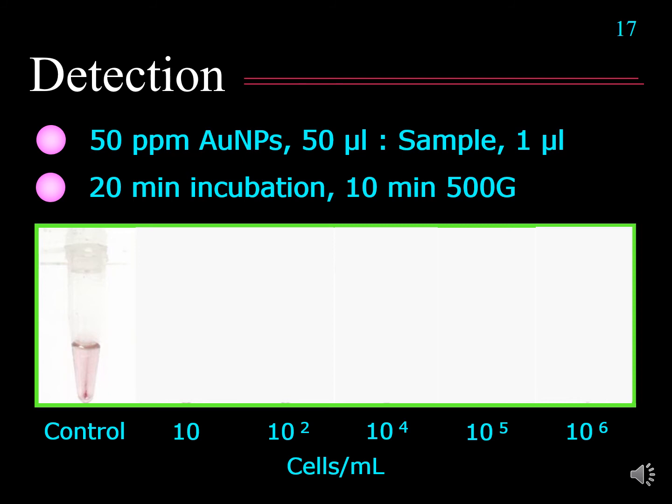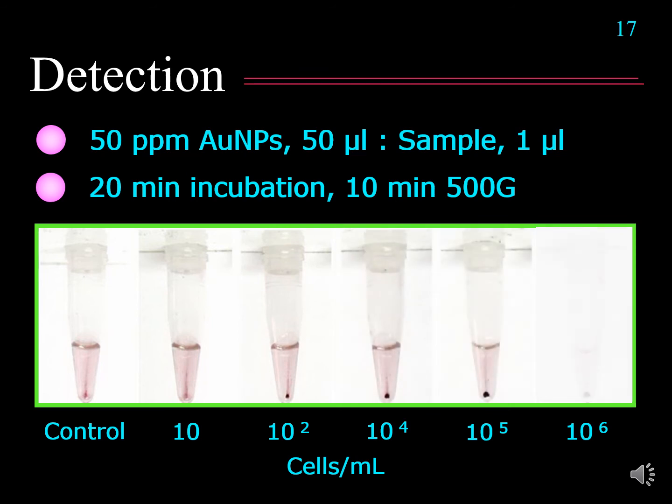After 20 minutes of incubation with the Leptospira interrogans, as you can see in the picture over here, we varied the number of cells of Leptospira interrogans in each Eppendorf tube. What you can see is that we start to see the precipitation of the colloidal gold at about 100 cells per ml of the analyte, right?